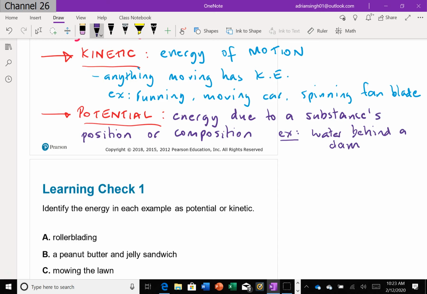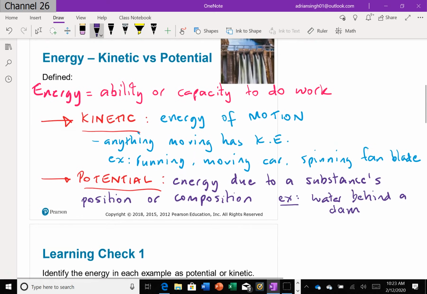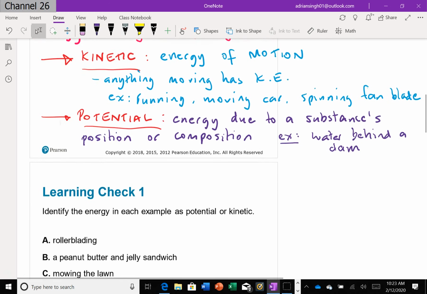And if we allow that water to move now, for instance, through the dam, and we funnel it through turbines, we can use the kinetic energy of water as it gets converted from potential to kinetic energy. We can use that to generate electrical energy that allows the lights to light up, light energy. Right, so there's a whole interconversion of all different types of energy.